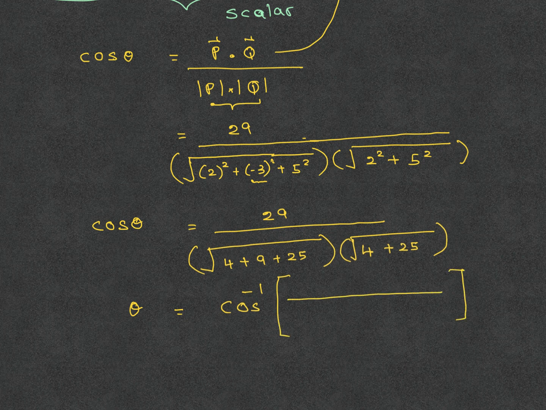It doesn't matter whether it is in radian or degrees. Degree is the preferred form of giving an answer at this point. So if you still have your calculator in radian mode, you can give the answer in radian, no big deal there. And there you have square root of 38 I believe, and there you have 29. Do the math and then find the answer. This is theta. So I'm going to stop because the video is getting too long.